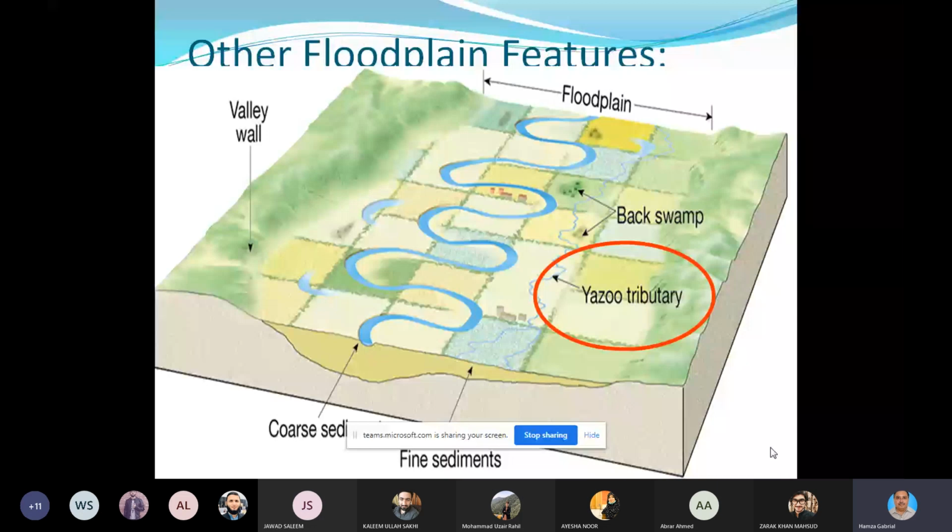These are actually tributaries which should join or discharge into the main channel. But due to the formation of levees, either natural or artificial, they are unable to join the main channel and they run parallel to it.